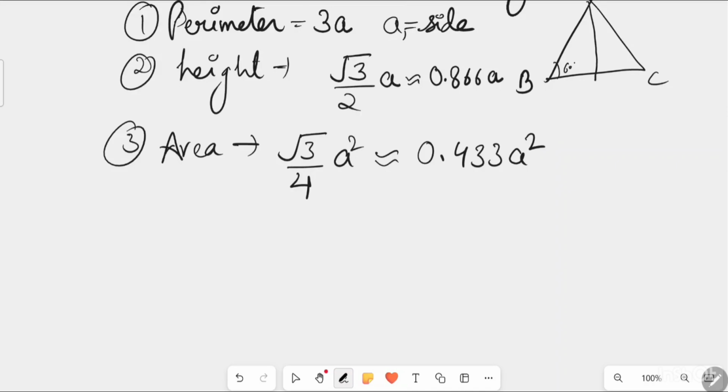Whenever we see three equal sides, we can directly apply these formulas for perimeter, height and area in an equilateral triangle.